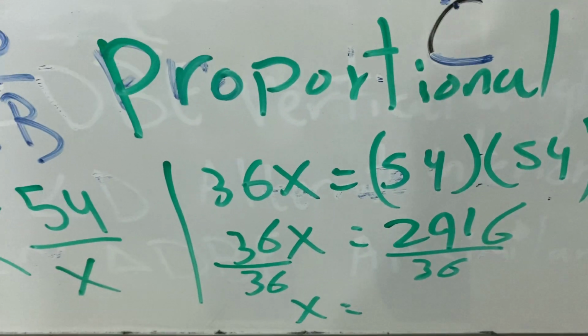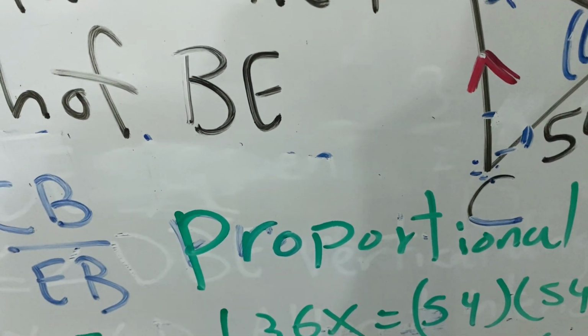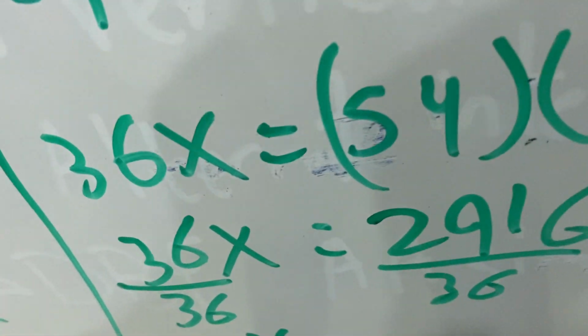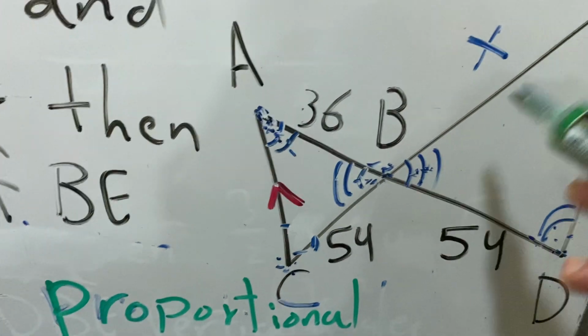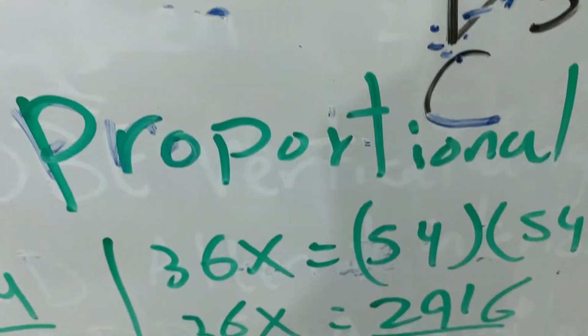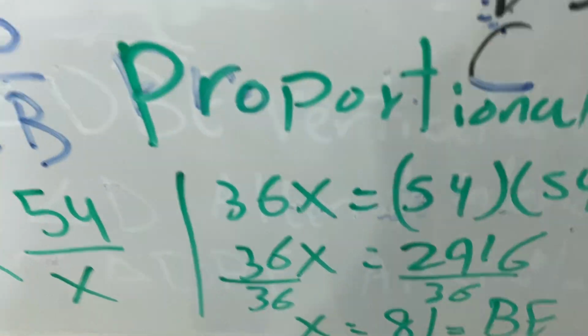2,916 divided by 36 will give me 81. So my answer, that x, which is actually BE, the one he asked about, is equal to 81. So BE equal to 81.